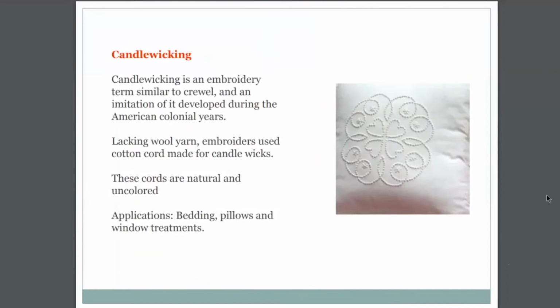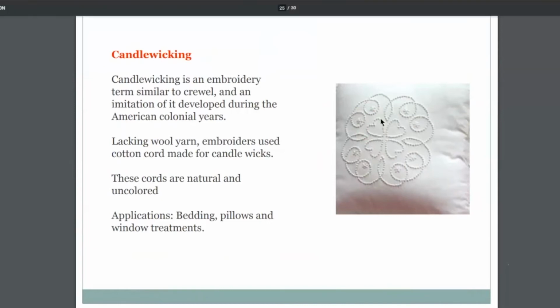And they come to America and they just don't have access to all that wool. They just don't have fields of sheep. So they have to kind of create an effect with what they have. And so it's called candle wicking because candle cords or candle wicks were traditionally made of cotton. So this tone on tone or cotton on cotton type of stitching design is called candle wicking.